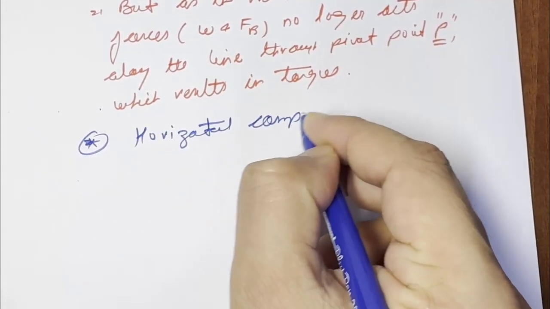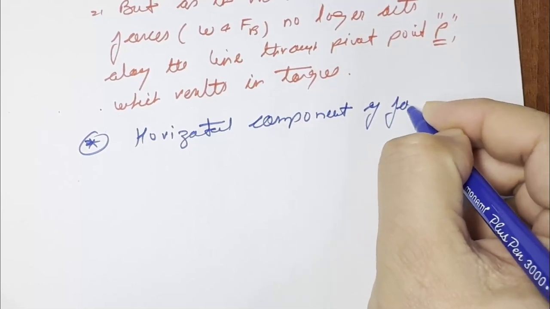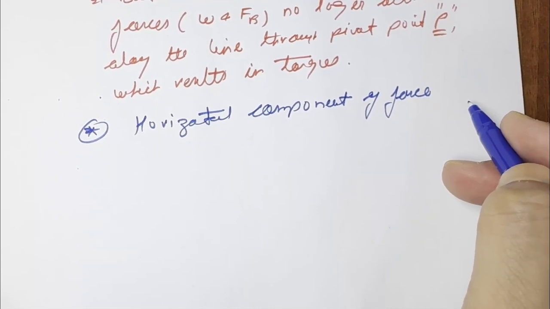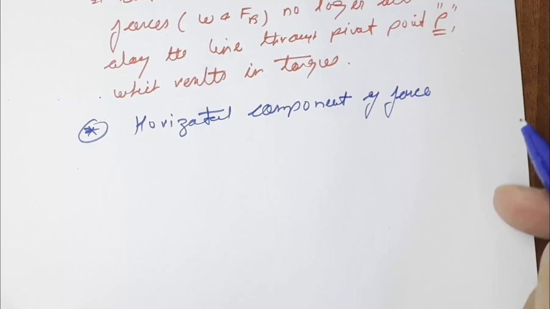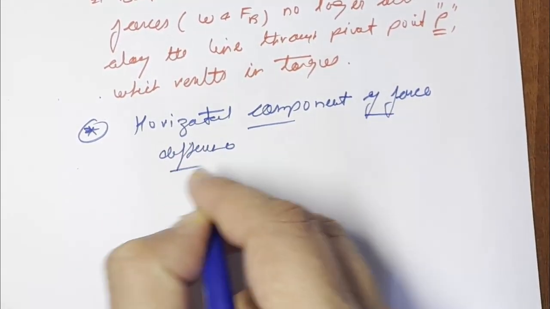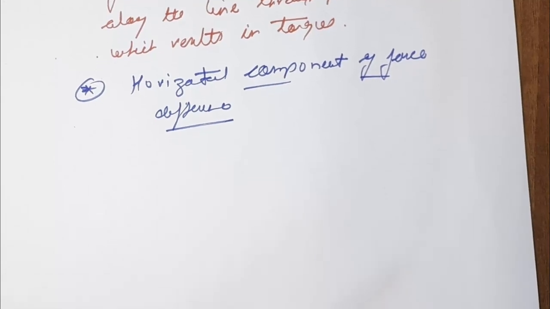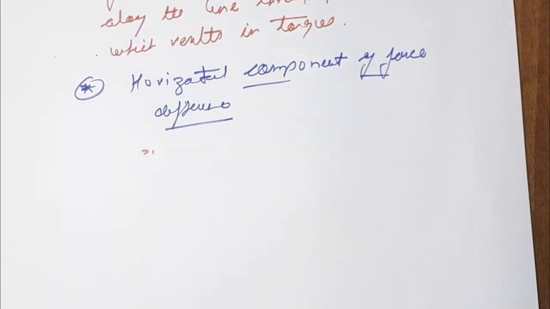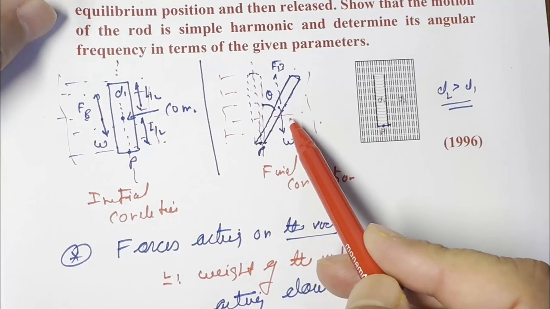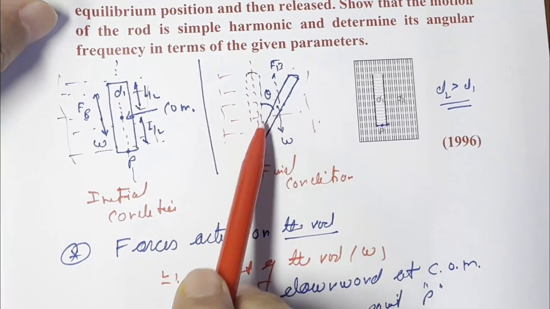Horizontal component of force difference. Although the rod is moving in the vertical plane, there is still some horizontal distance through which the rod has been moved.